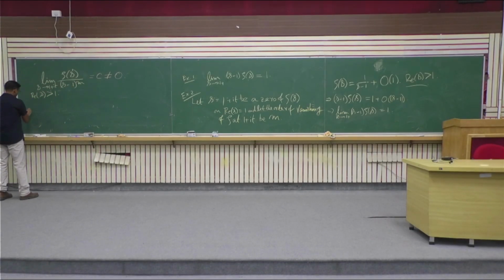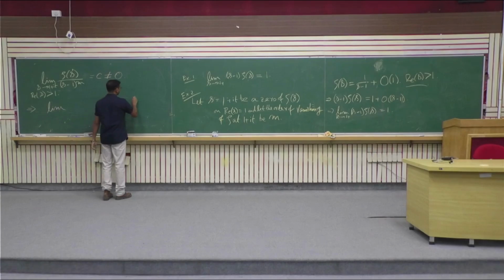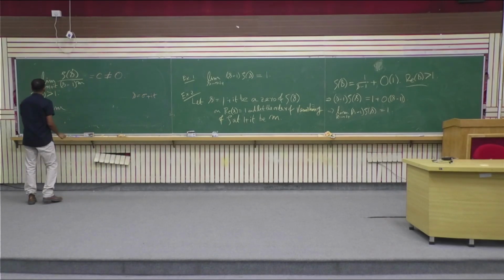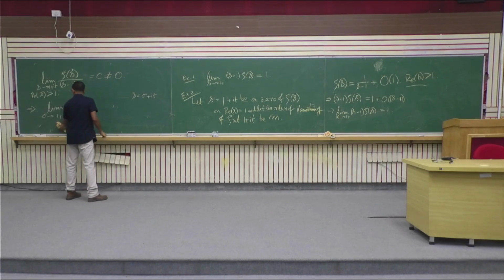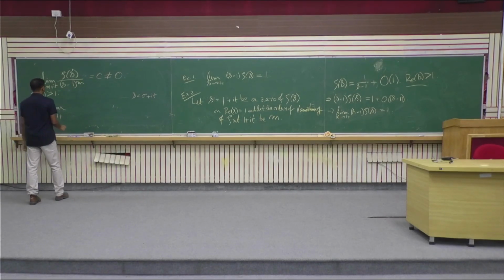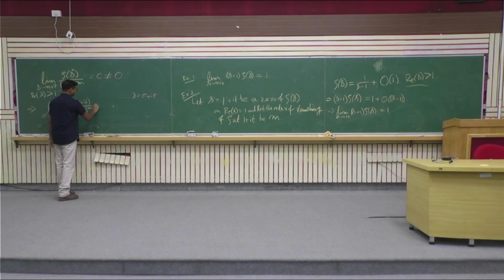Then that would imply that the limit, with s equal to sigma plus it, as sigma goes to 1 plus, of zeta(sigma plus it) divided by (sigma minus 1) to the power m, is also non-zero.